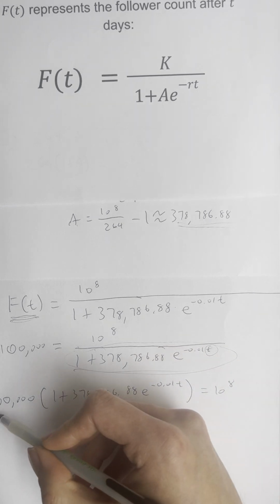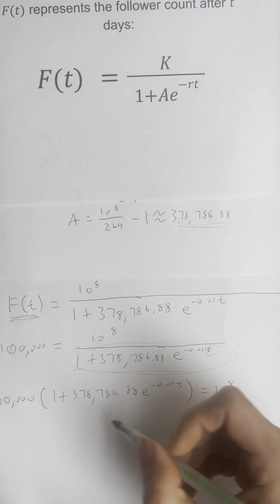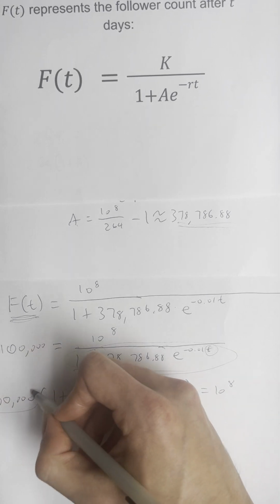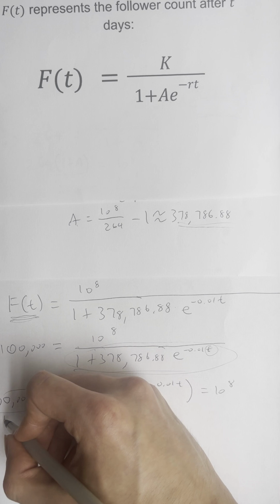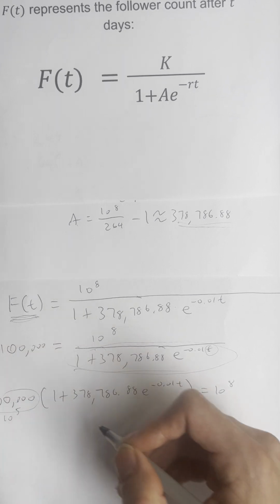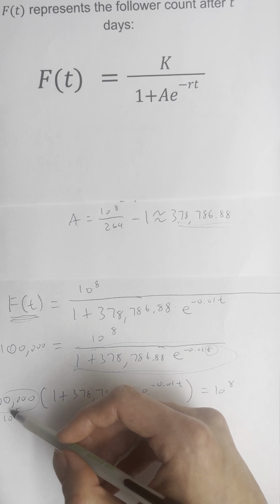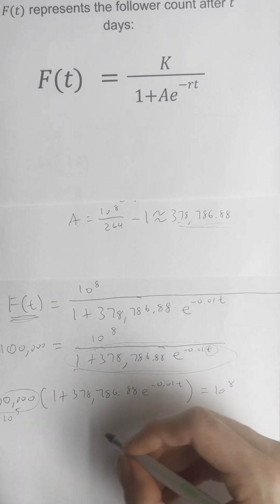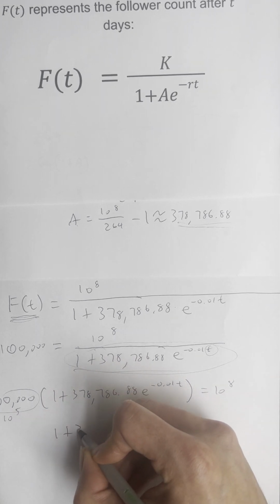And then divide both sides by 100,000. Well, this is the same thing as 10 to the power of 5. So I'm essentially dividing both sides of the equation by 10 to the power of 5.